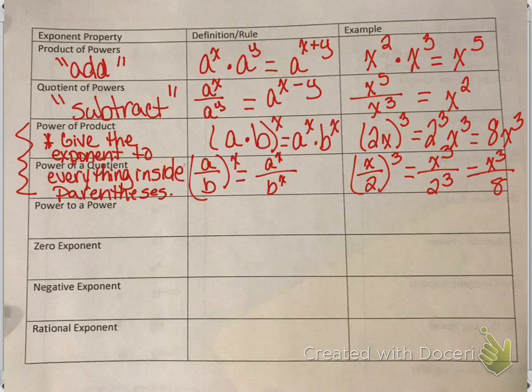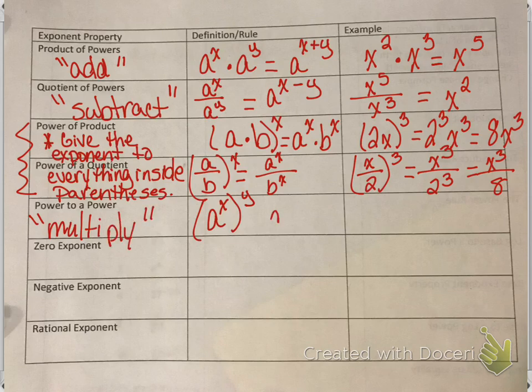Okay. Power to a power is when I have an exponent raised to another exponent. So I have a to the x, and that a to the x is raised to the y. What do I do with x and y? Multiply. So our key word here is multiply. Okay?